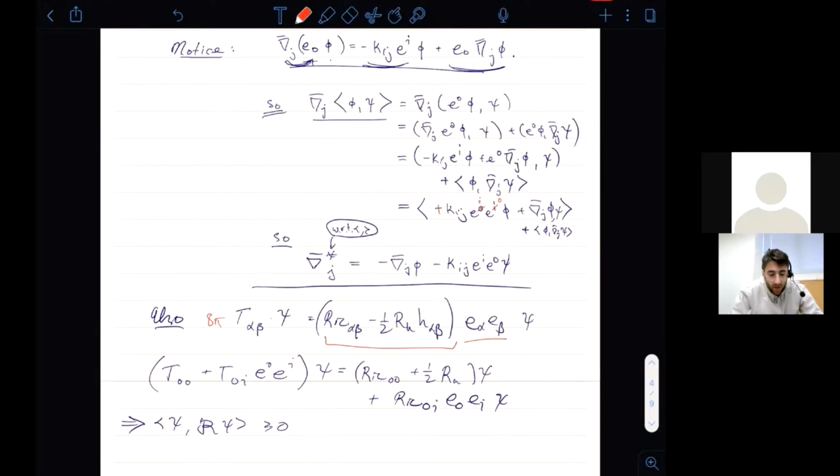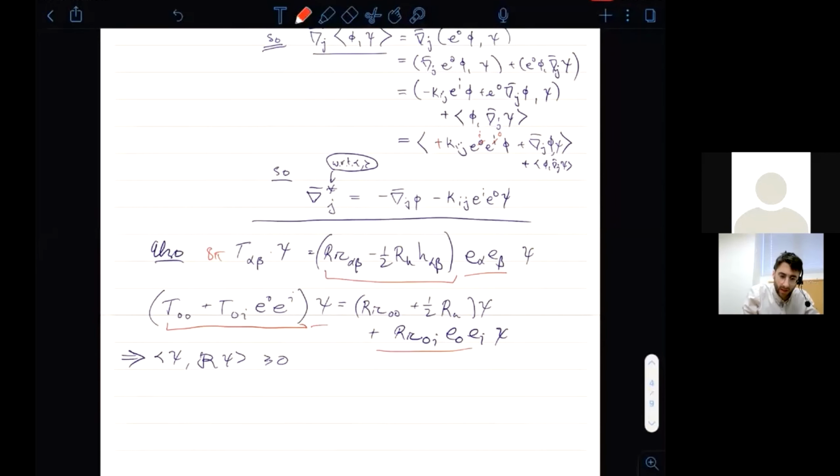So if you just look at the T00 plus T0I, or E0, EI acting on psi, that is just written as the following.